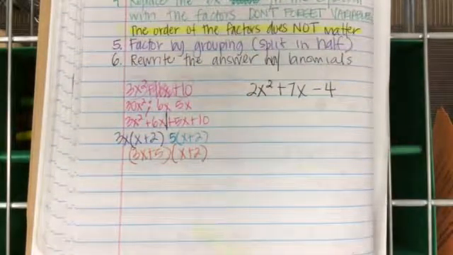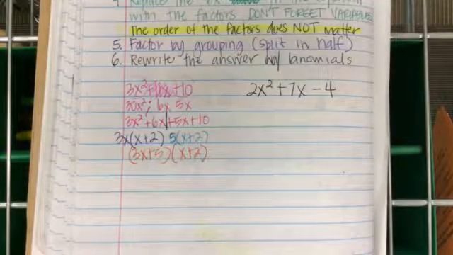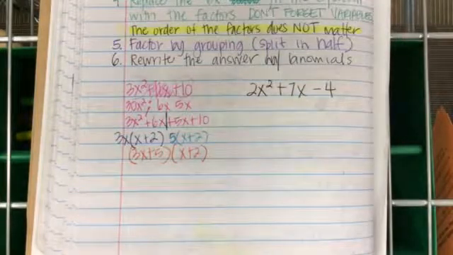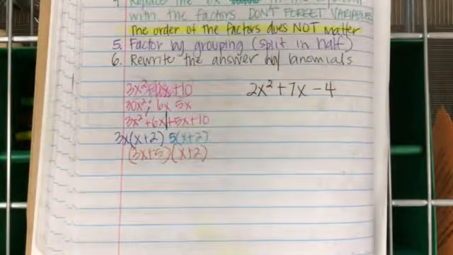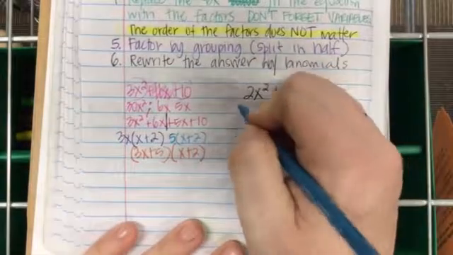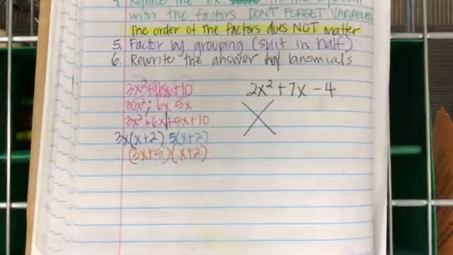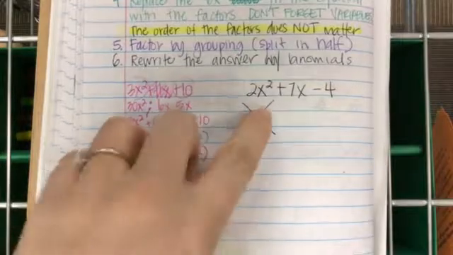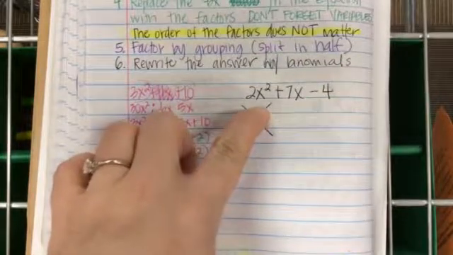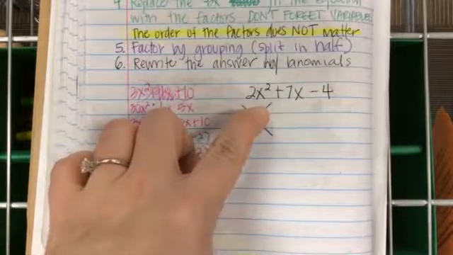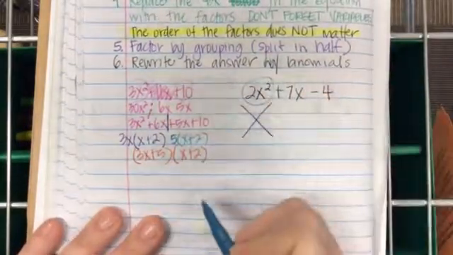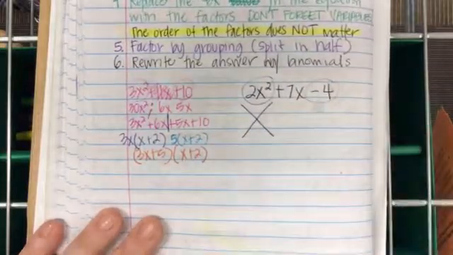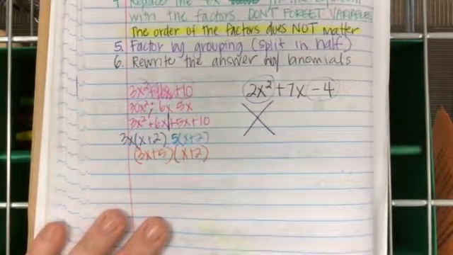Factor by grouping, right? We're going to split the middle. If you still wanted to draw the x part, because it helps you stay organized from yesterday, that's fine. In the top goes a times c, which is 2x squared times negative 4, which is what?